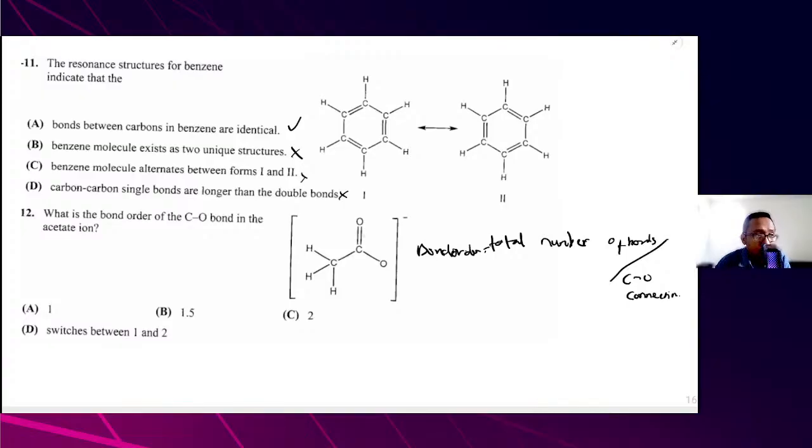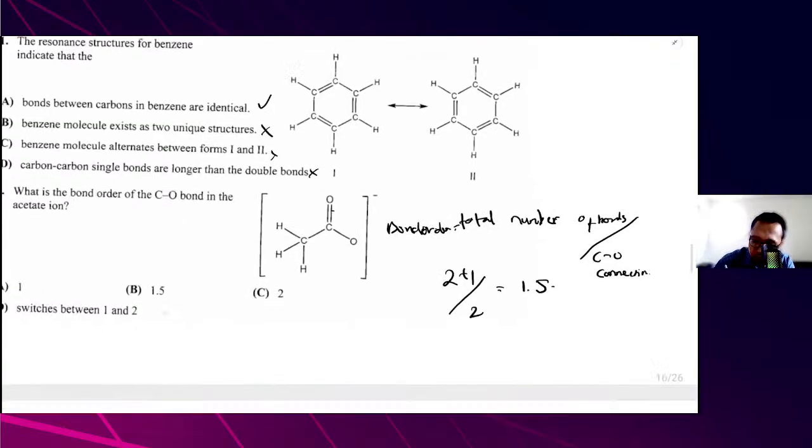CO, which has a total number of bonds? There is one double and one single, so it will be 2, right? And the CO connection is also 2. And then plus 1, 3, and the CO connection is 2, right? So the answer will be 1.5. Number 12 is B, yeah, 1.5.